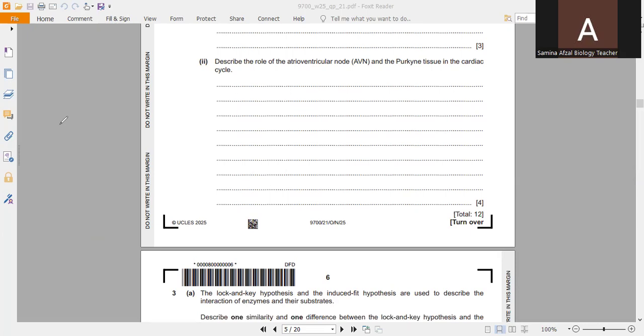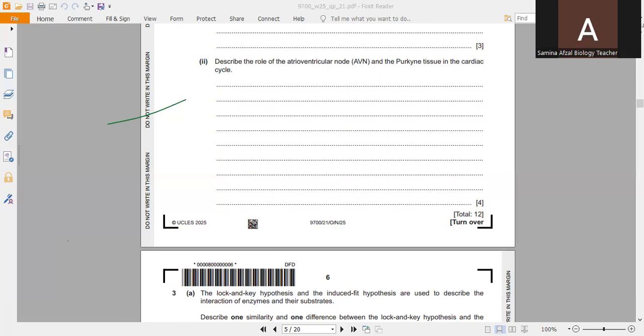Its primary role is that it picks up the waves of excitation that spread across the atrial wall from the sinoatrial node. So the AVN slows down the electrical impulses for a fraction of a second. This delay is crucial because it ensures the atria, having finished contracting, have fully emptied their blood into the ventricles before the ventricles begin to contract.